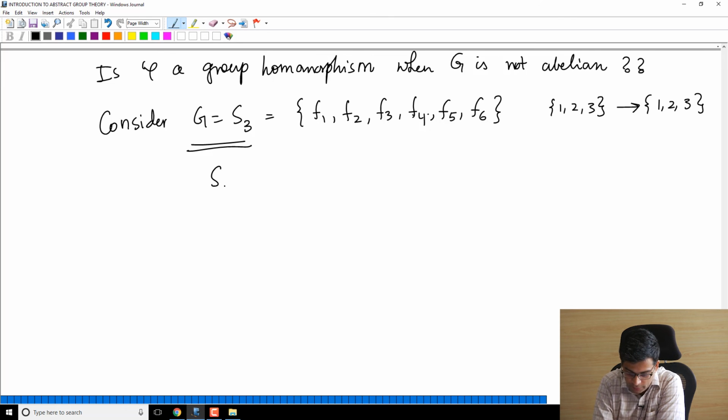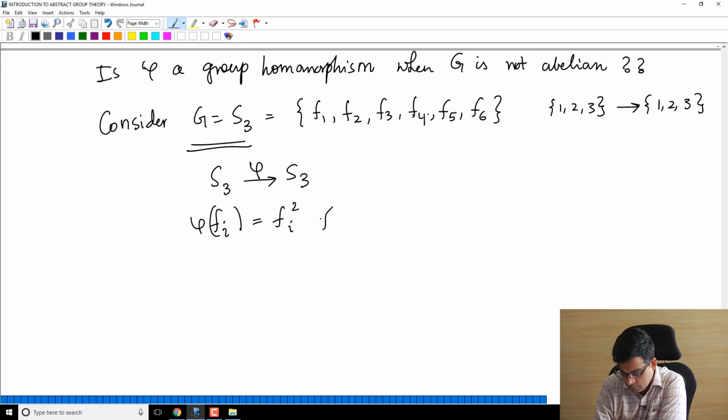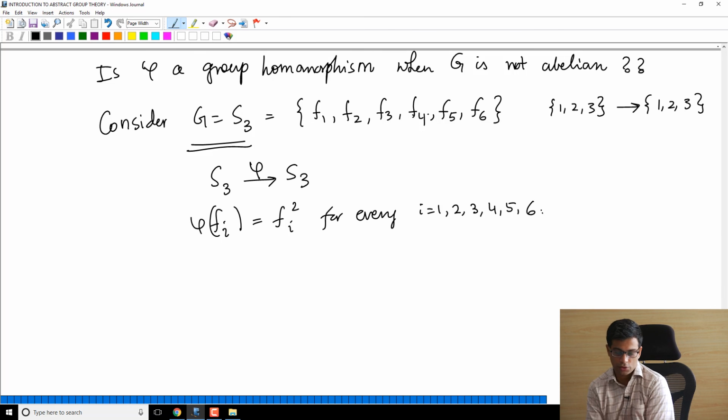So now consider the map from S3 to S3. Phi sends f_i to f_i squared for every i from 1 to 6. So f1 goes to f1 squared, f2 goes to f2 squared, and so on.